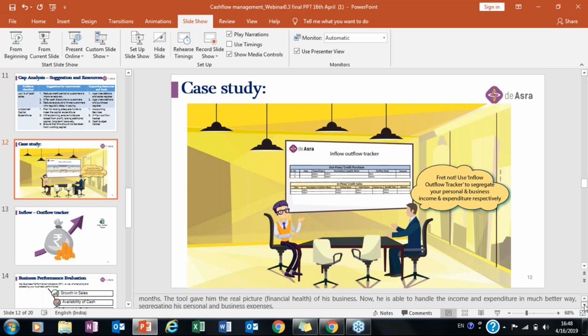So now what happened because of the inflow outflow tracker is that he was able to identify and give a heading to all the expenses, whether it was for the business or for personal expenses. So the tool gave him a real picture of the financial health of his business. Now he's able to handle the income and expenses in a much better way, segregating his personal and business expenses.